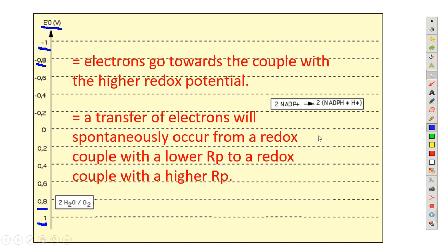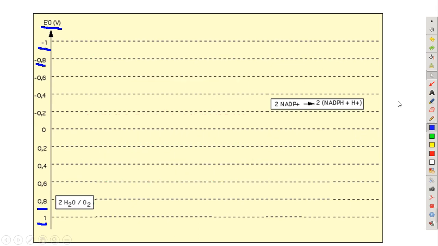So in this case, following the laws of physics and chemistry, electrons can only be transferred from a lower to a higher redox potential, so for example here minus 0.5 to 0.8. So normally electrons should go from NADP to the water dioxygen couple.